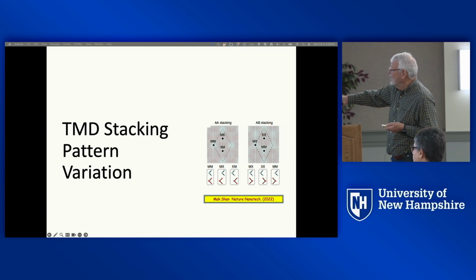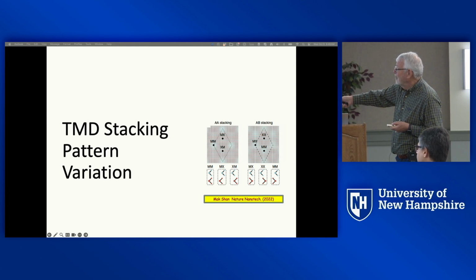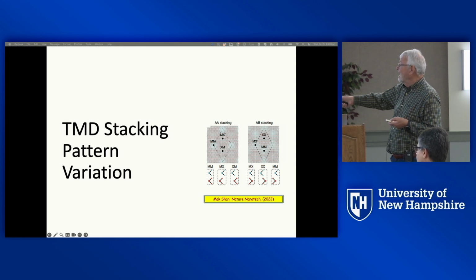So this is looking from the side, looking from above. The chalcogen atoms are above each other and on one honeycomb sublattice, and the metal atoms in the middle are on the other honeycomb sublattice.